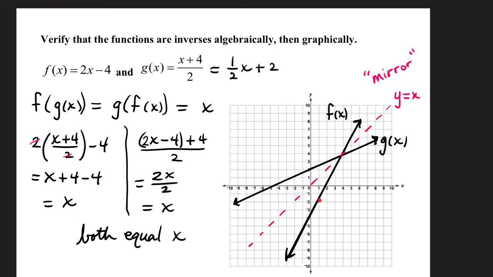So this point has the coordinate (1, -2). If I reverse that, (-2, 1), I find that point on the inverse. And that's true for all points on one function. If you reverse or transpose the coordinate, you will have a fresh point that lies on the inverse. Y equals x is the mirror for one function onto its inverse.